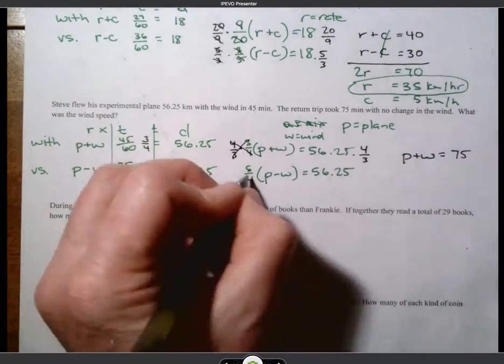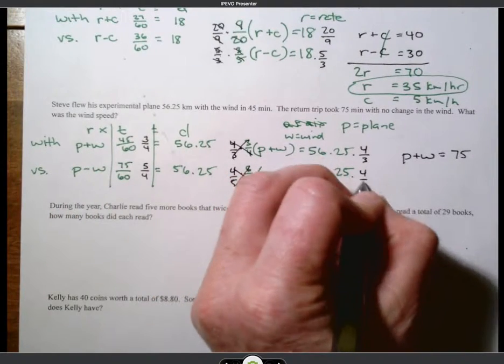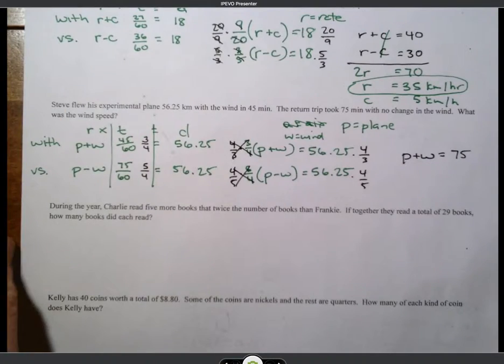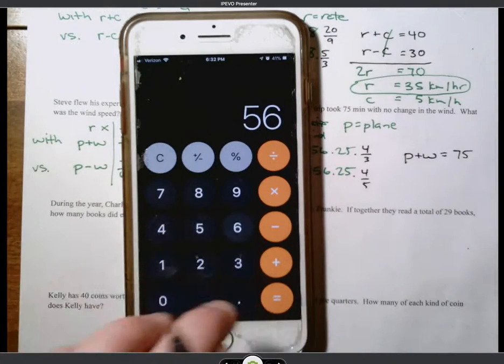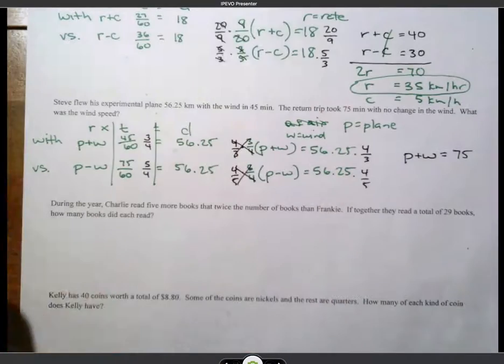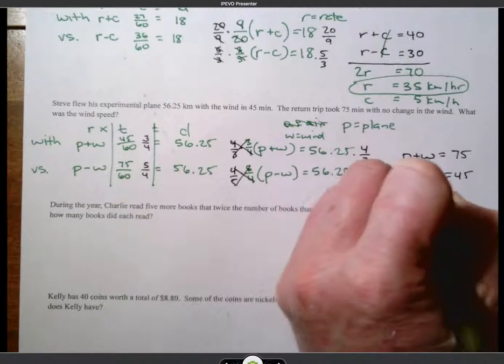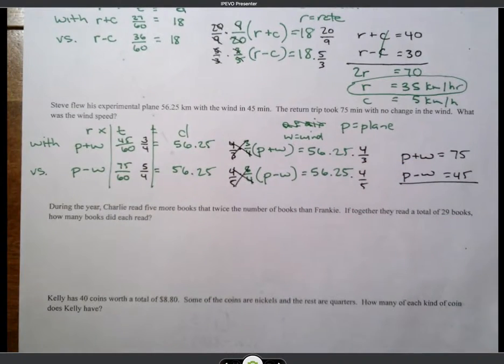Okay. If I multiply this by 4/5, 56.25 times 4 divided by 5, I get 45. And that's P minus W. All right.